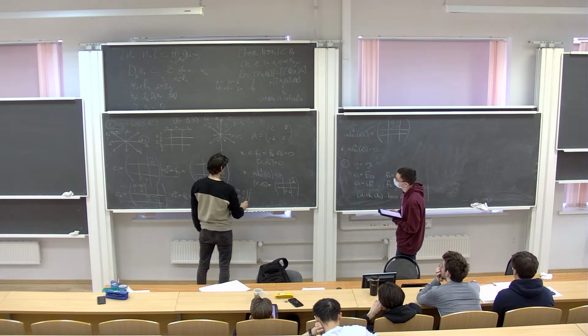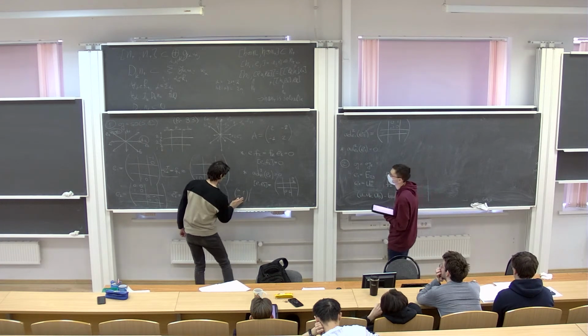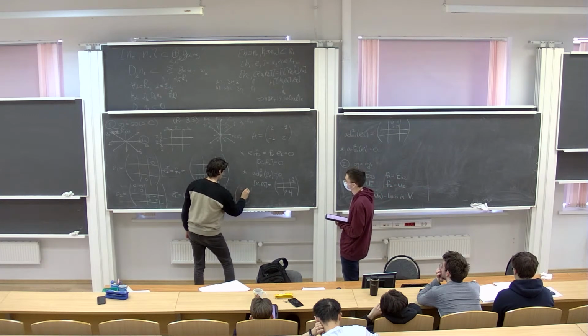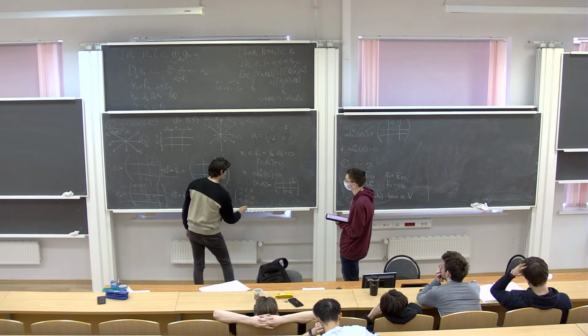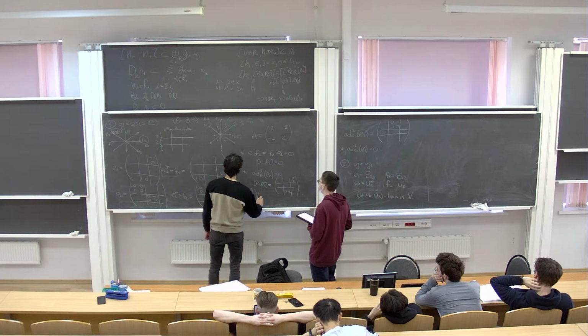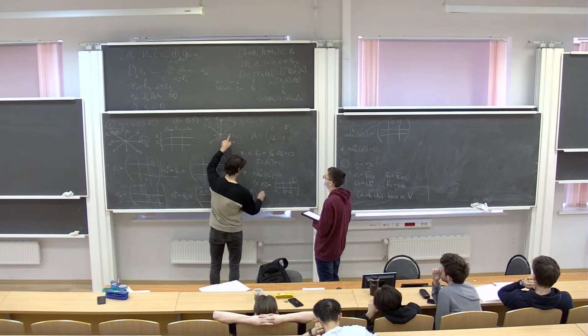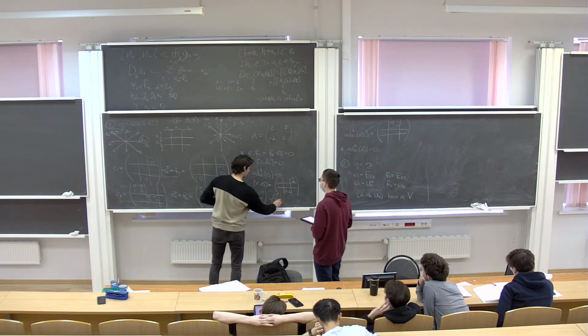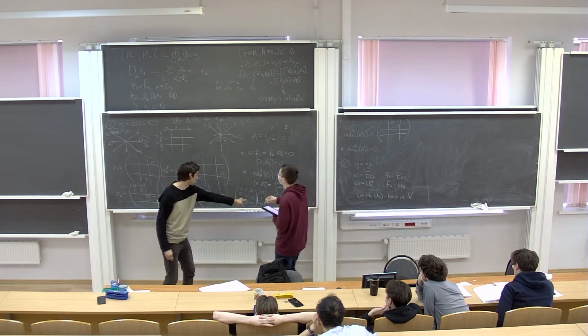And sorry, I have 3 by 3, right? So 0, 1, 0, 0, 0, 0, 0, 0, 0, right? And act on this. So I will get this. So this is the commutator.